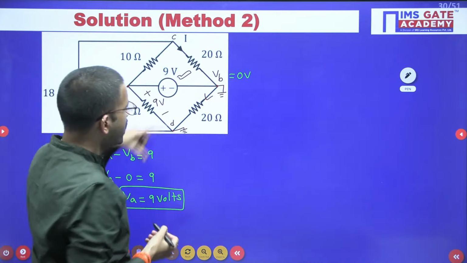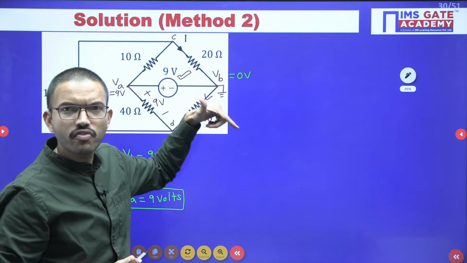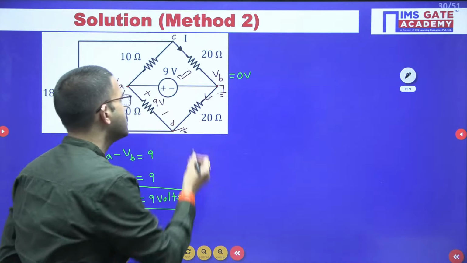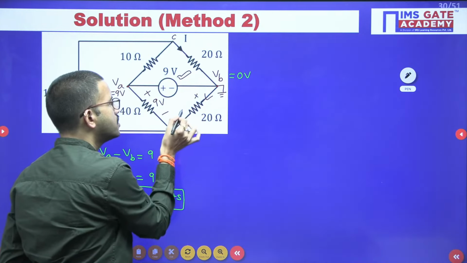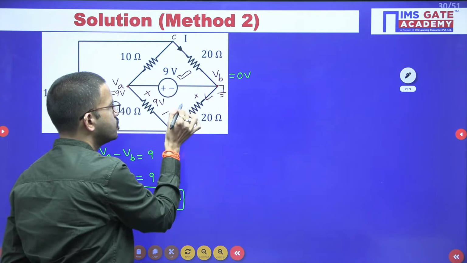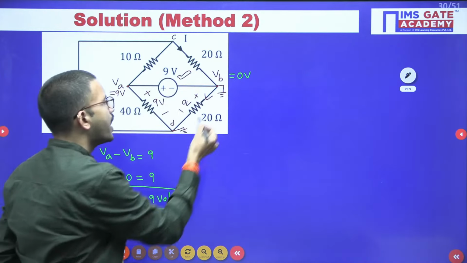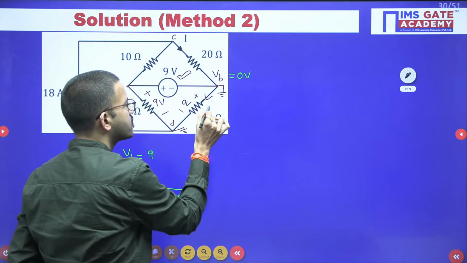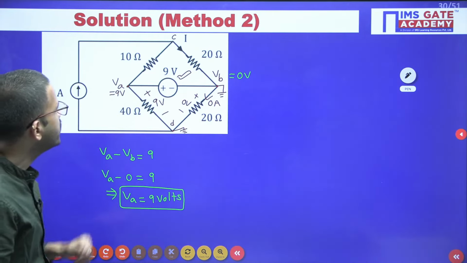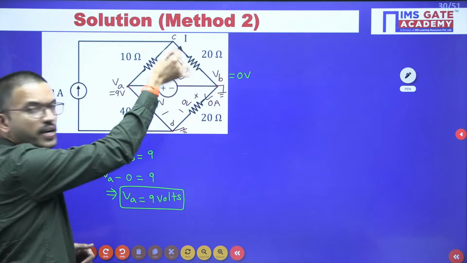Whenever you have a practical resistor with non-zero value, and the end-to-end voltage is the same, that means the difference of those two node voltages is 0. Here in this case, 0 minus 0 is 0, and 0 divided by 20 ohm, obviously you get 0 ampere.